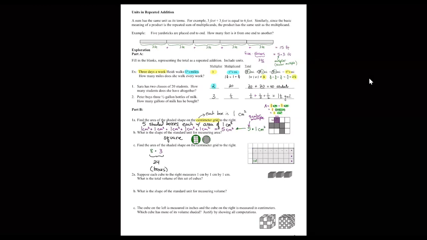Each one valued at one square centimeter. So 24 of the 1 square centimeter boxes is going to give us 24 times 1 square centimeter, which is going to be 24 square centimeters.